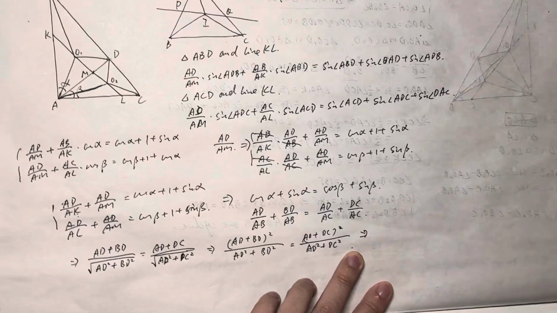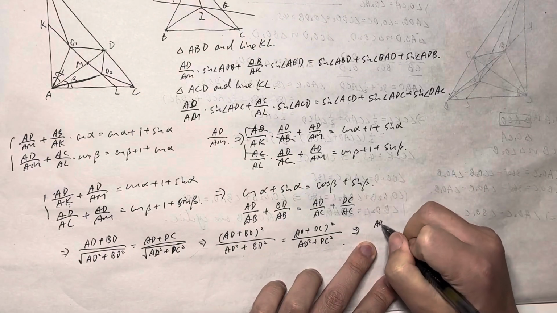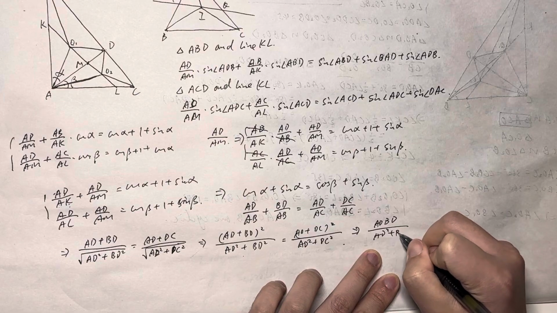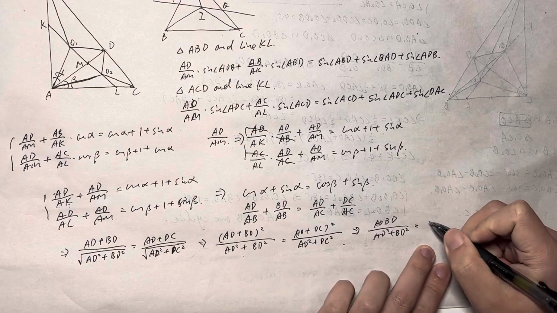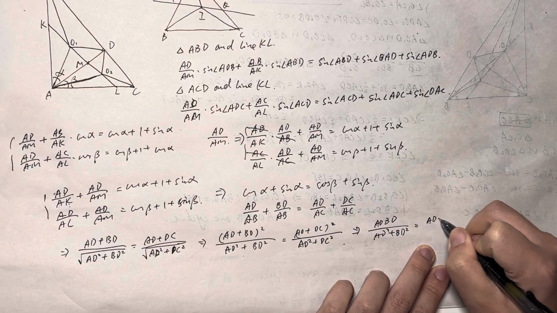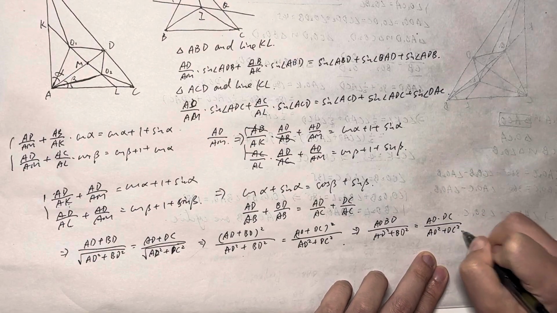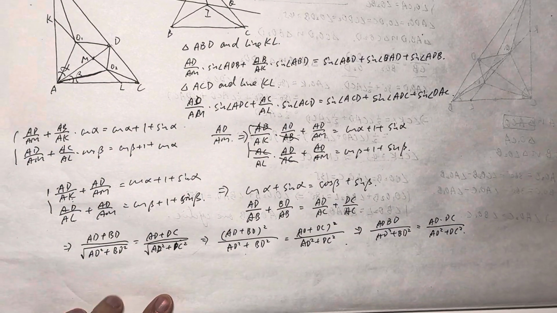So we got AD times BD over AD squared plus BD squared equals AD times DC over AD squared plus DC squared, right?